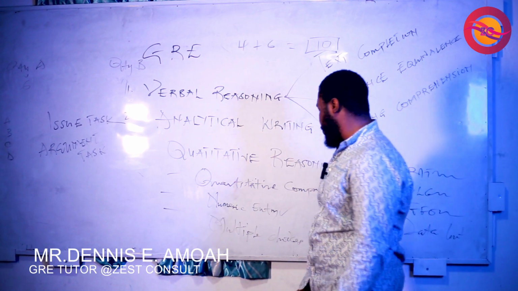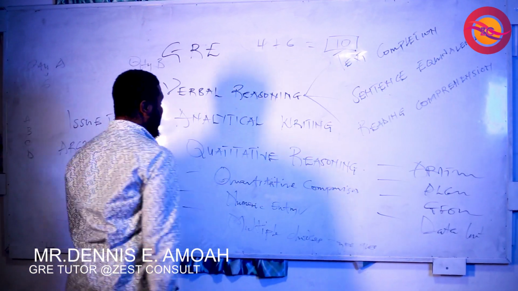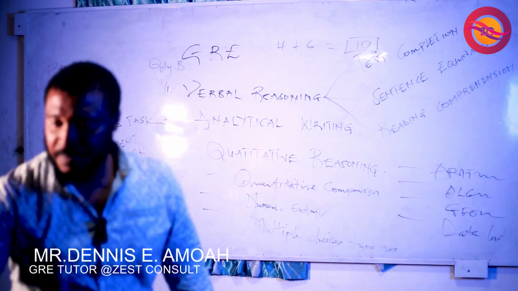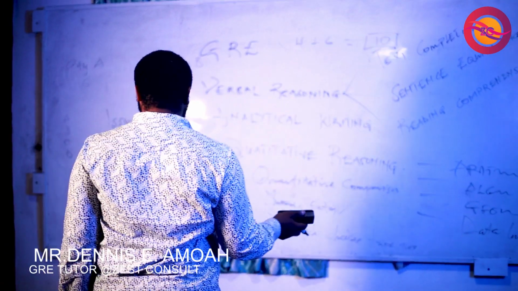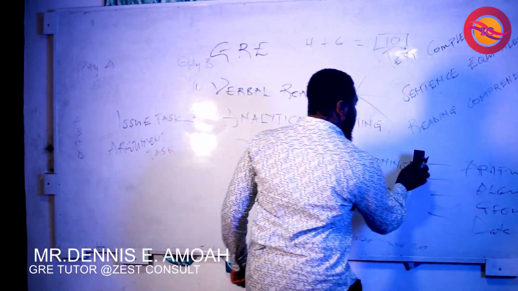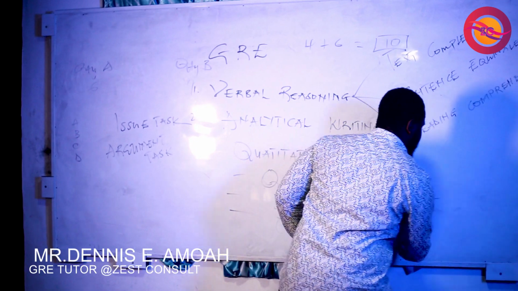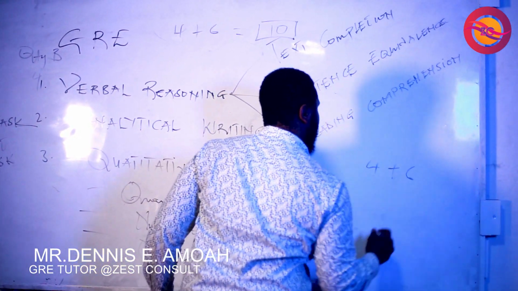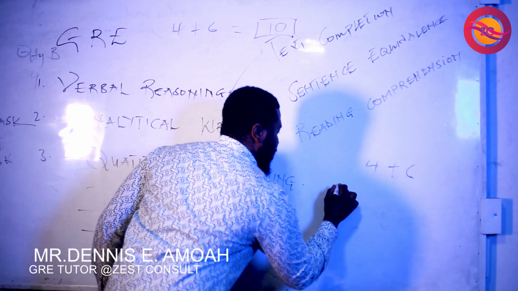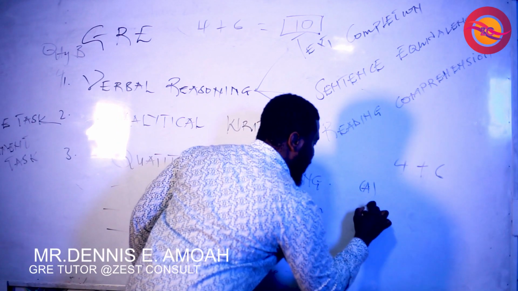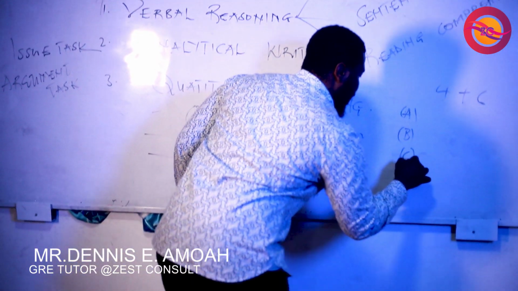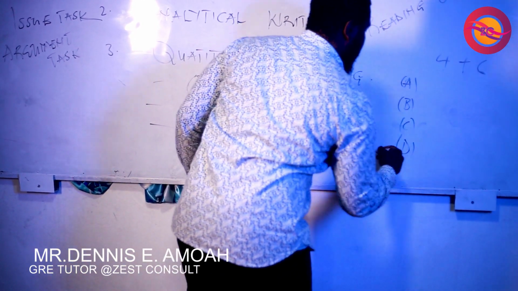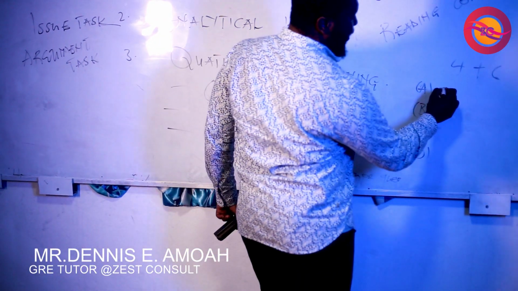Then we come to the multiple choice type of question. Using the same example, we have 4 plus 6, and options A, B, C, then D. Option A is, let's say, 2.